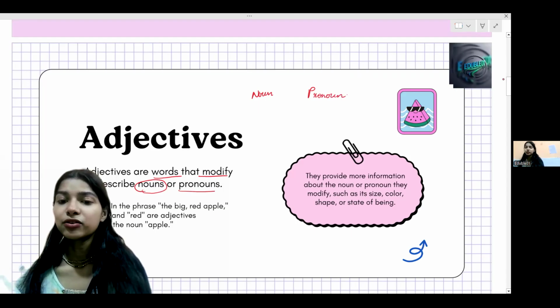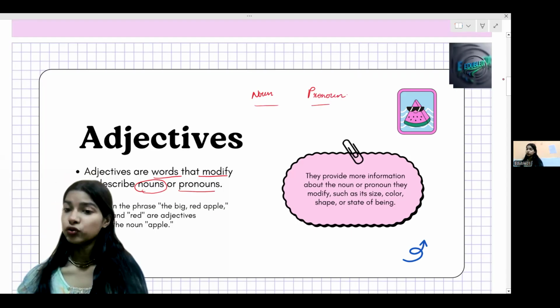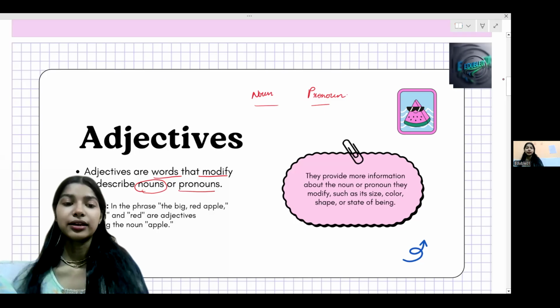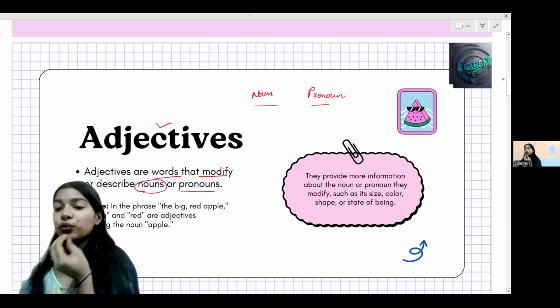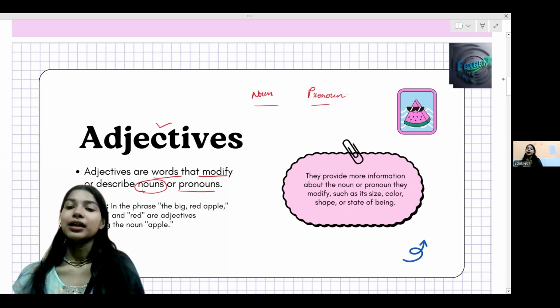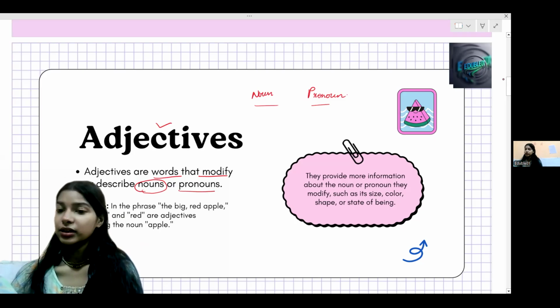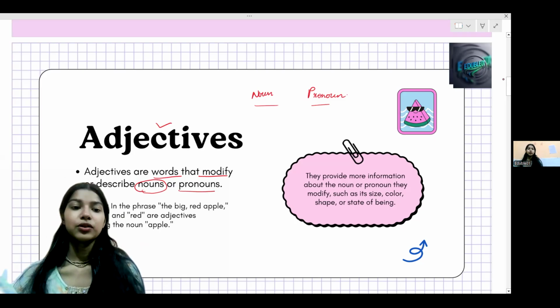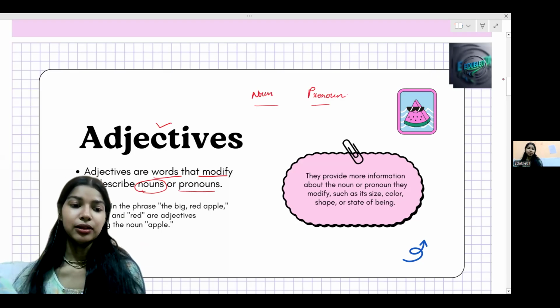So any part of speech revolves around these two, and here again, adjectives are the words that modify or describe any noun or pronoun. Just like it tells more about any noun or any pronoun.